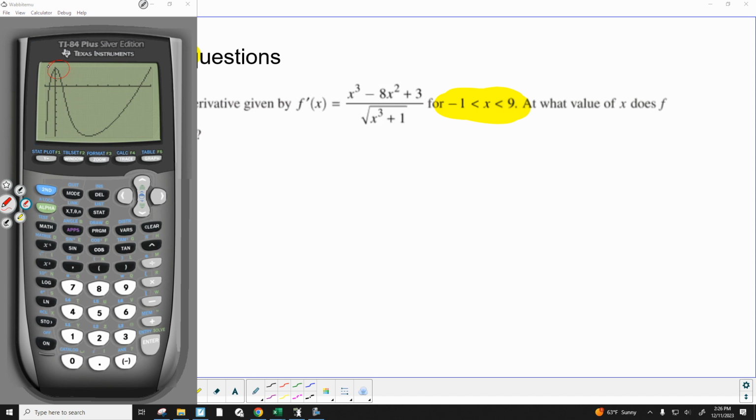Not 1. You got to find the value. It's a decimal. Don't assume it's at a whole number. You got to find that location right there.